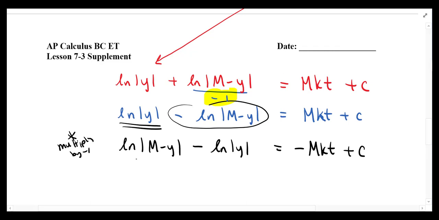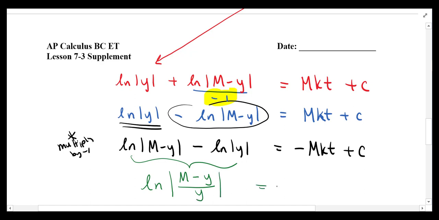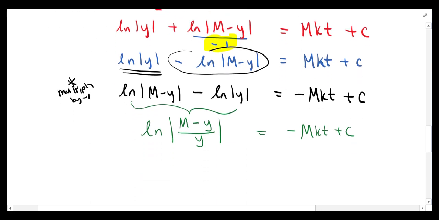Now, use your pre-calculus knowledge. Let's simplify this. Combining logs together, we get ln of m minus y over y now equals negative mkt plus c. That's using log rules. I need to solve for y, so I need to get rid of that ln. I'll take e on both sides. So e-ing the ln, that just leaves me with m minus y over y in absolute value.